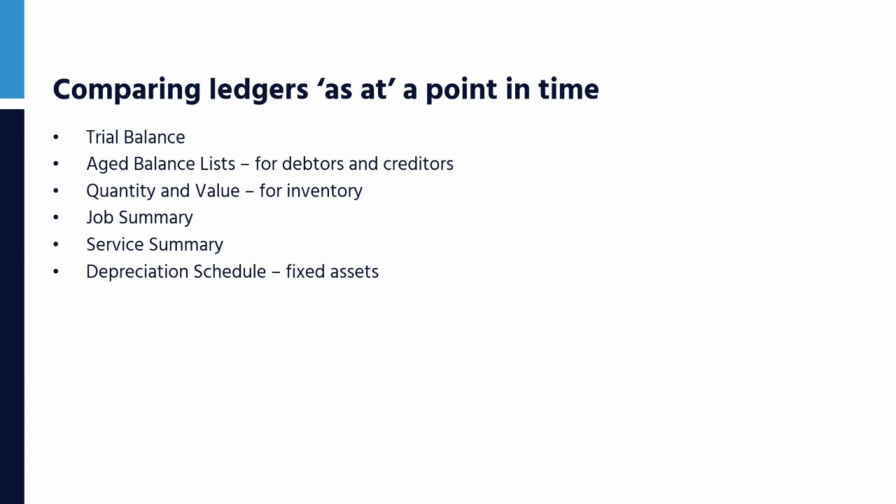Similarly, from an inventory perspective, your quantity and value report is the equivalent that will show you the balance compared to your trial balance. And you have the job and service summary reports and the depreciation schedule report for your fixed assets. So if you were to do an investigation based on an imbalance in your fixed assets in the reconciliation report, then you'd be comparing the trial balance to the depreciation schedule.